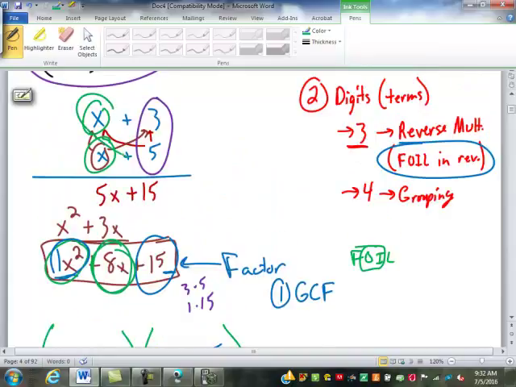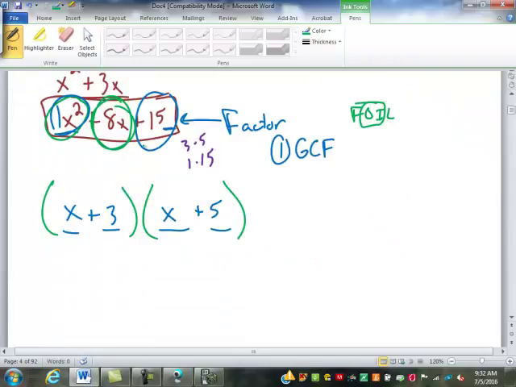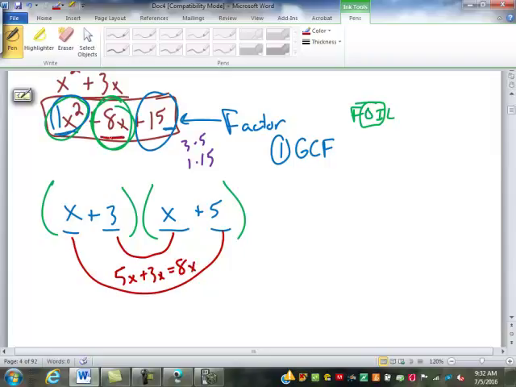I multiplied the 5 times the x and the 3 times the x. So here, I would multiply the outside. X times 5 is what? 5x. And on the inside, I have 3 times x is 3x. If I add those together, I get 8x, which is what that middle digit is. That tells me that this is the right factoring.